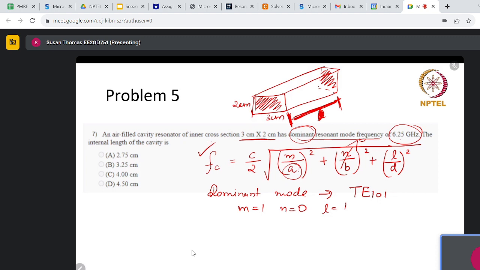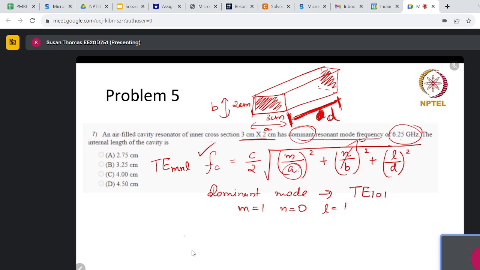In this expression, this is basically TE m n l. So the length of the cavity is nothing but d. This is a, this is b, and the length of the cavity is d. m and l are the indices. Okay, so please don't confuse.